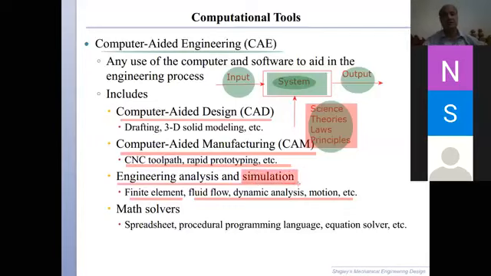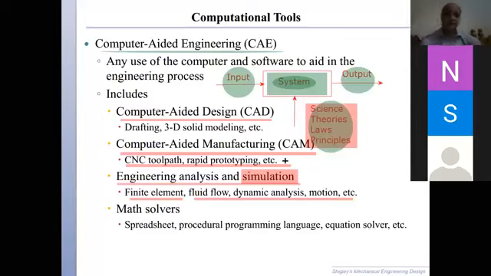Generally, regarding simulation, something came up before the presentation: evaluation. So how do we do evaluation of a product?